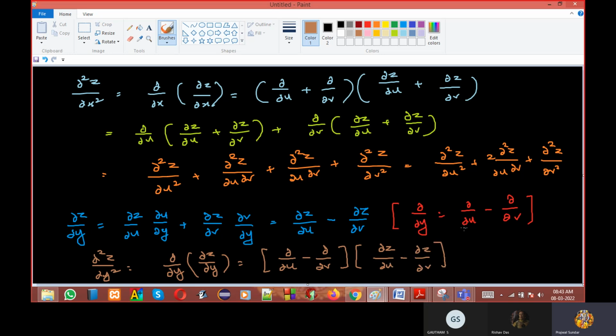Now you sit and expand. I'm warning you, don't apply the a squared plus 2ab formula. It won't work. This is a lucky question, it's working. Every question it won't work. So in this question it will work, I'm telling. So I'm doing it directly: minus 2 times ∂²z/∂u∂v plus ∂²z/∂v².